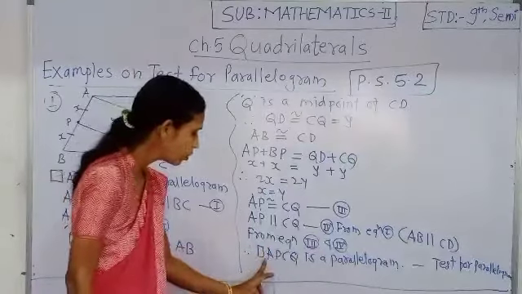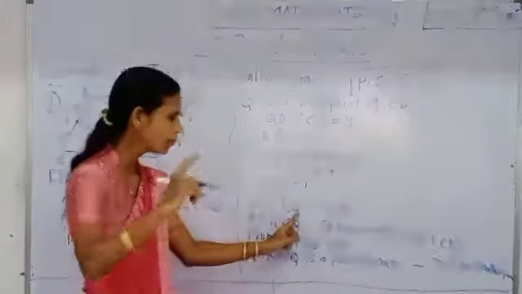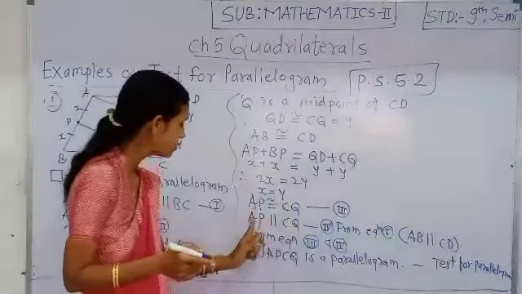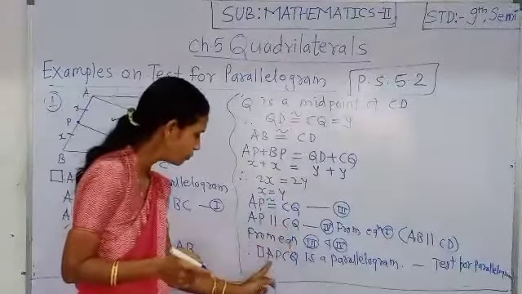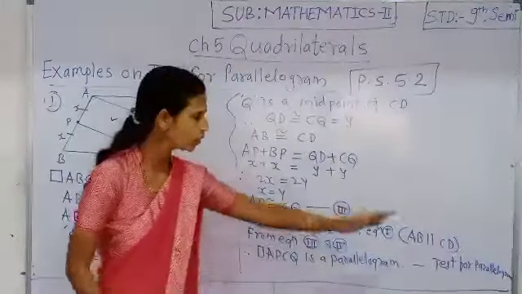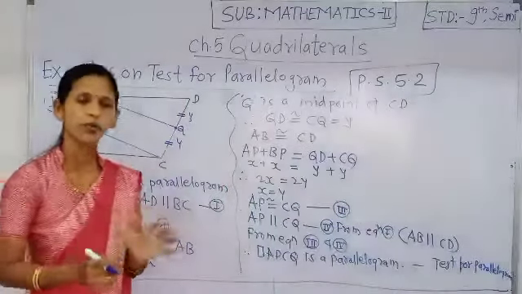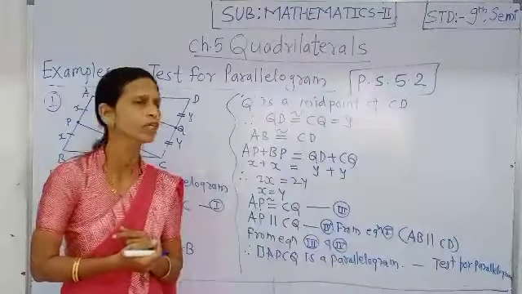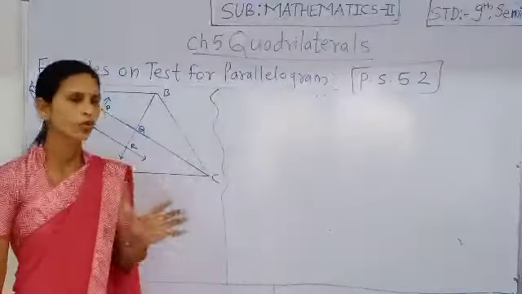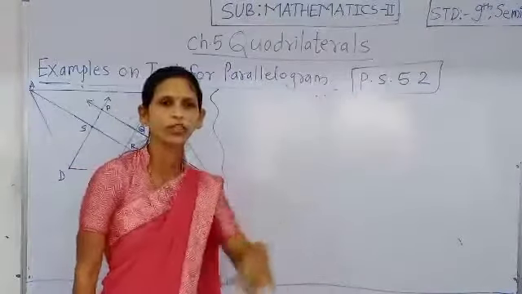Therefore in quadrilateral APCQ, AP and CQ are the opposite pair of sides which are congruent as well as parallel. Therefore quadrilateral APCQ is a parallelogram according to the test for parallelogram. That type of few examples are given in practice set 5.2. One more example is given here in practice set 5.2.